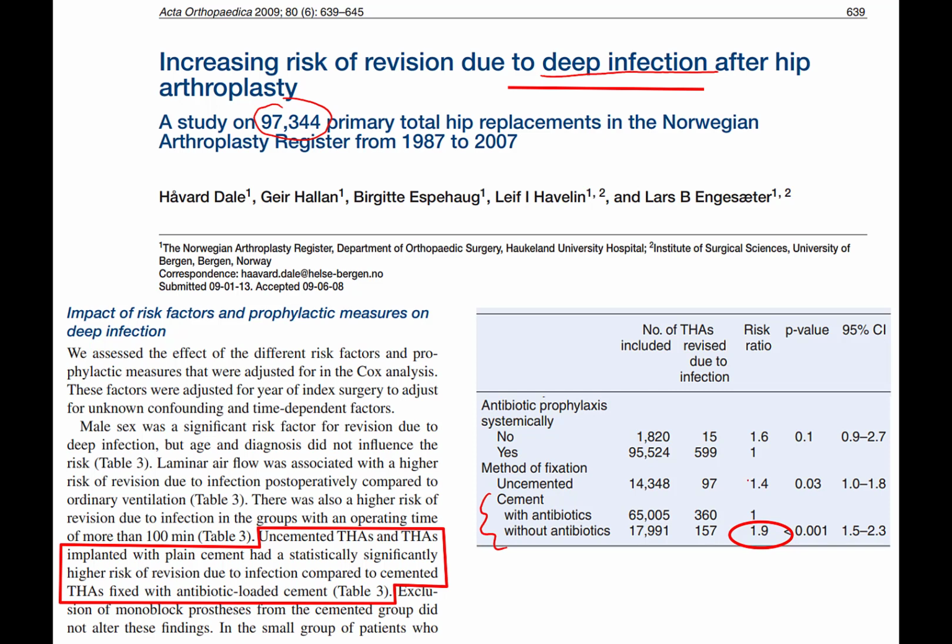If there's antibiotic loaded in the cement, it was lowered to a risk ratio of 1. I don't know exactly how they calculated that, but in their statistical analysis, they said the p-value was less than 0.001. So it's a very significant difference between these, so it's a very real effect of the antibiotic.